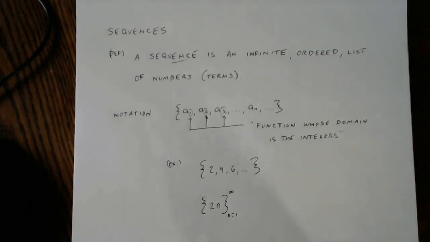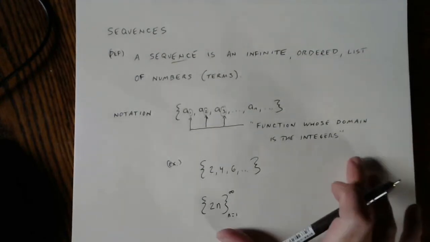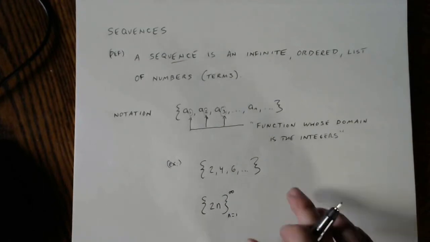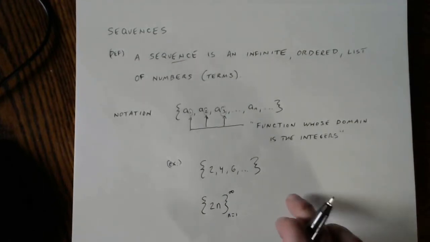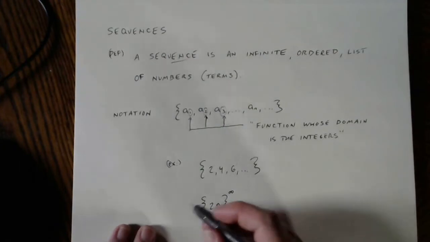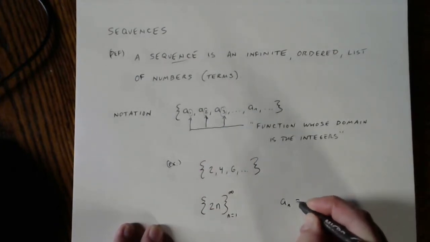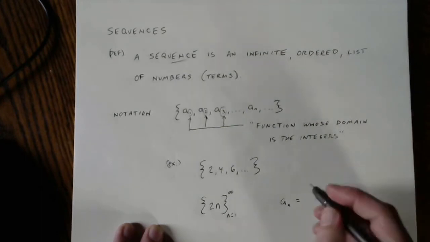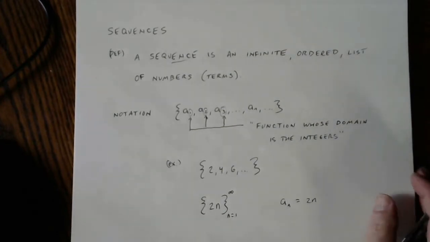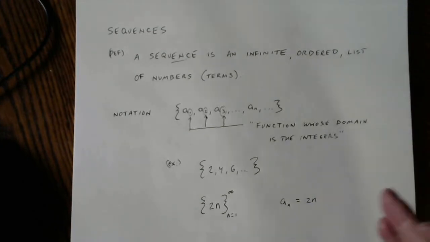Also, you might see, and I shouldn't say the most common, but also very common, instead of using this sort of heavy notation, we're going to just say the nth term and give it a formula. So we'll say a_n is 2n. So the starting point of the index is not always given.